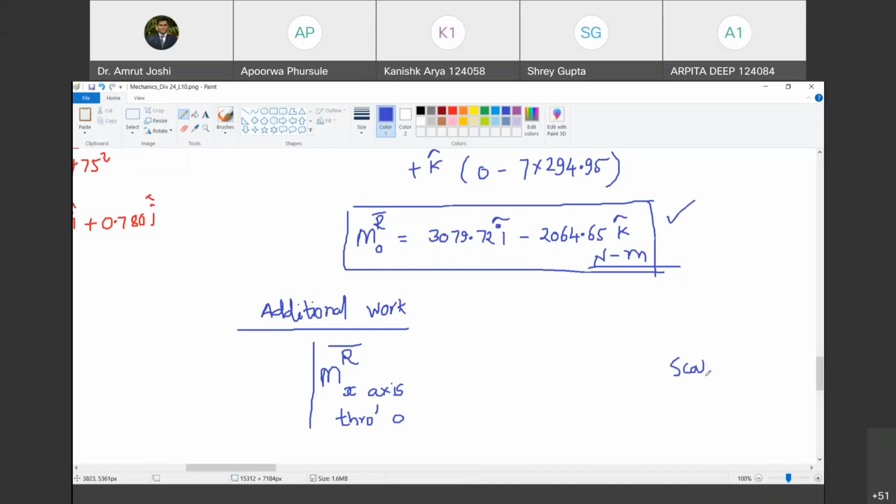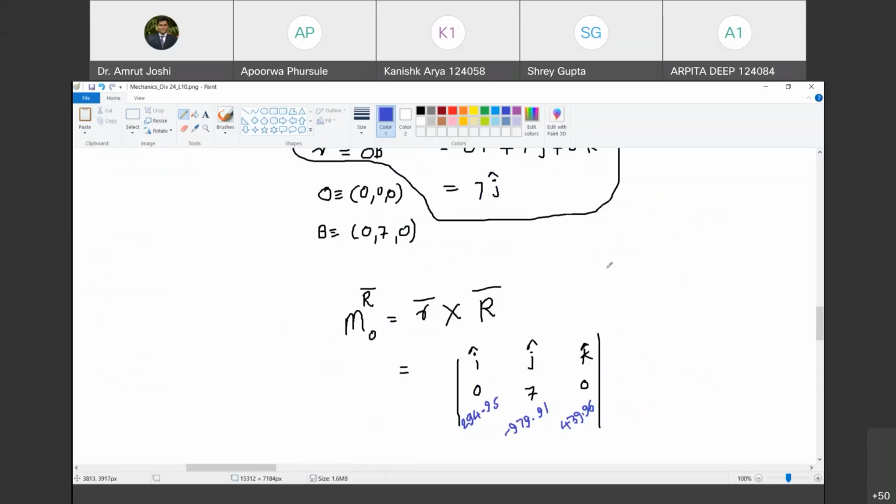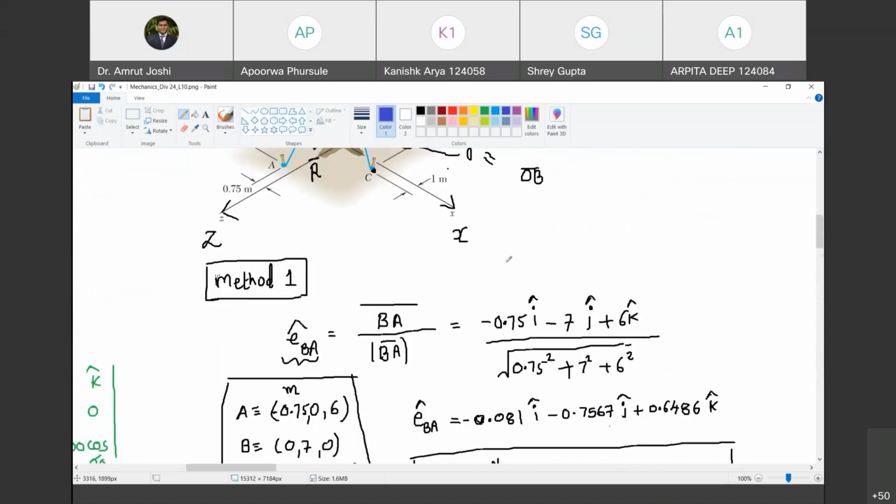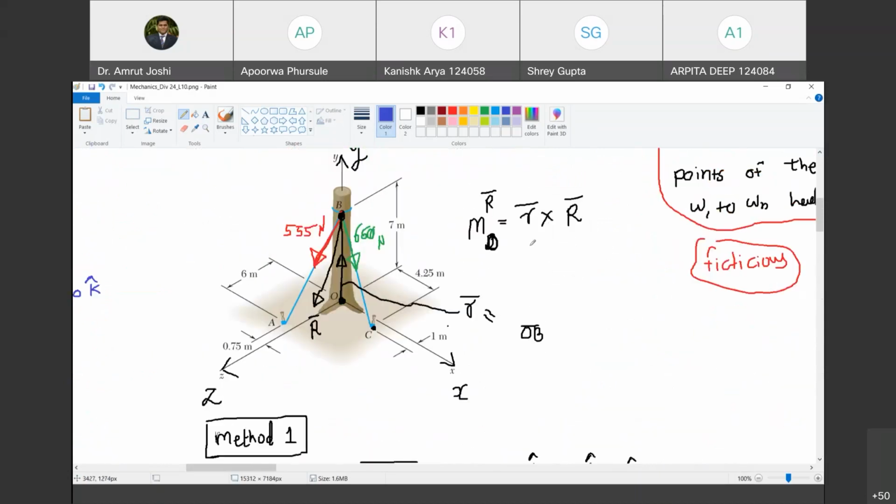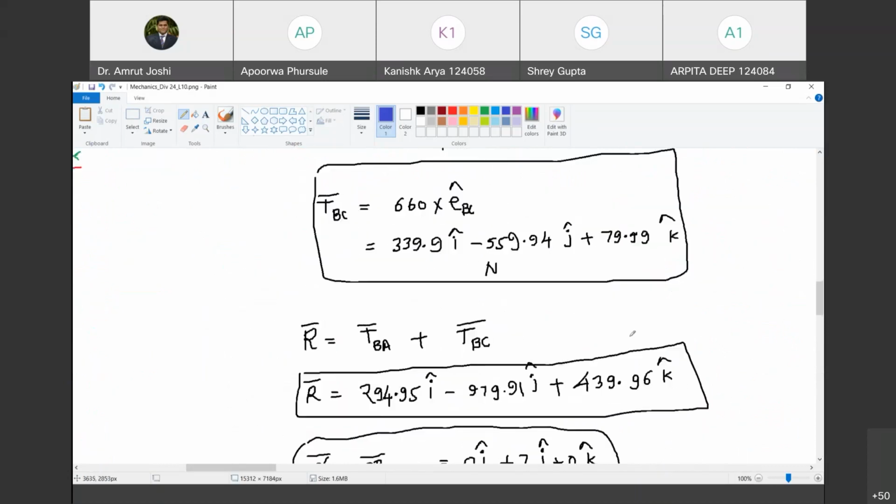Are you with me? Yes, sir. You have to understand this other one is a vector quantity. Happy? Are you with me? Yes, sir. Now, why is it a vector quantity? Because it is a cross product of two vectors. Cross product of two vectors is always a vector quantity. Do you agree with me? Yes, sir. So therefore, this is a vector quantity.